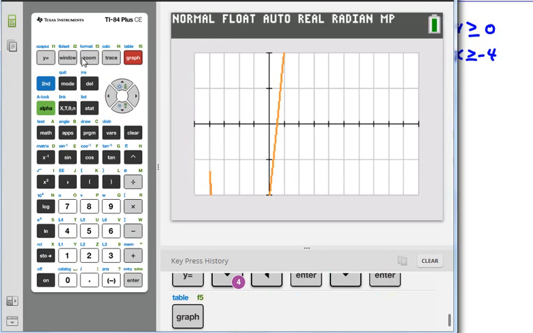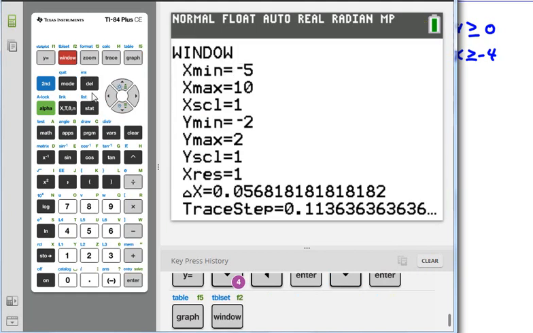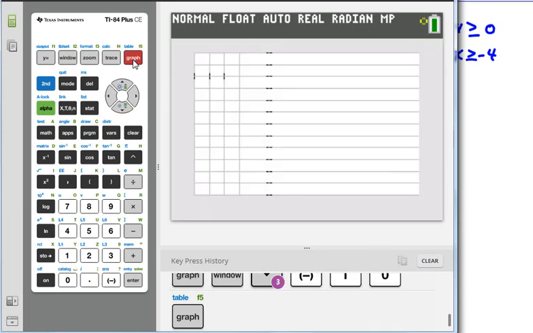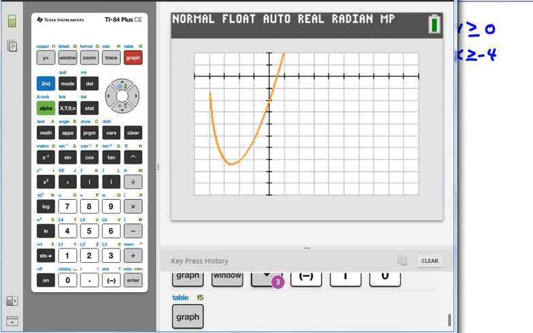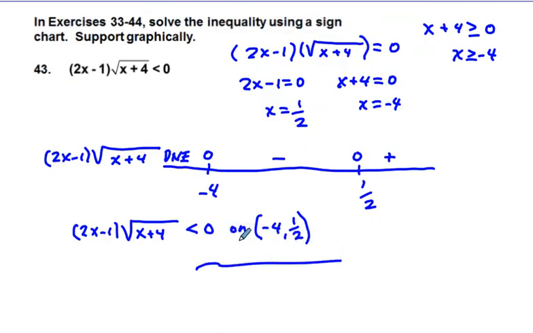I'm going to go ahead and change the window view here, get the Y max down, Y min down a lot. Let's see if we can see better what's happening. Yeah, we can see it's going to be 0 at negative 4, but negative between greater than negative 4 up to and not including 1/2.